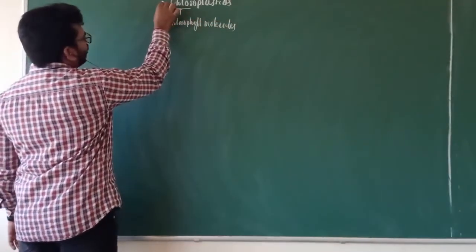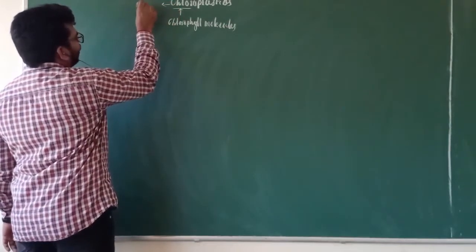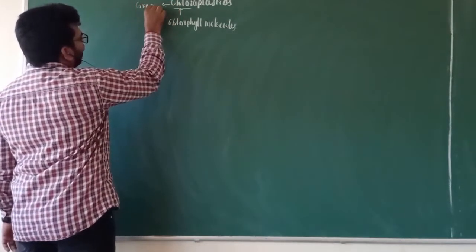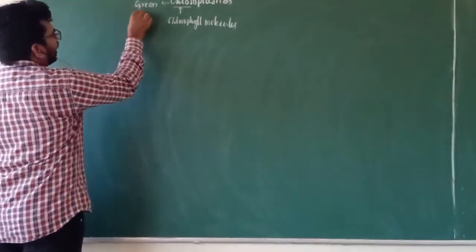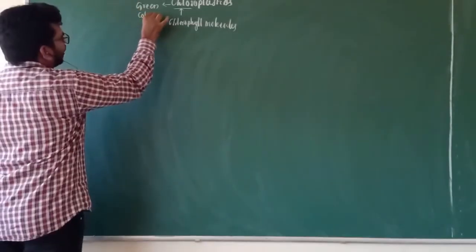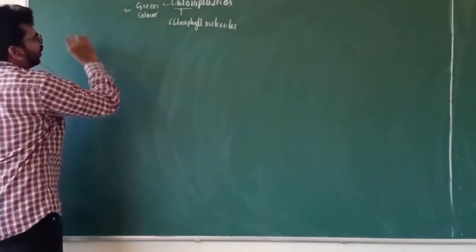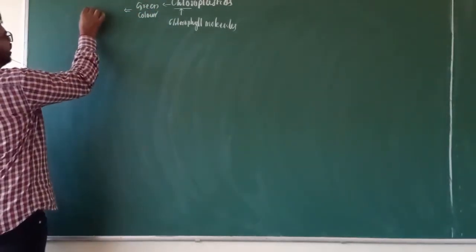Understanding, children, they are green in color, and whatever plant parts have chloroplasts will be green in color. Mostly, which parts are green?